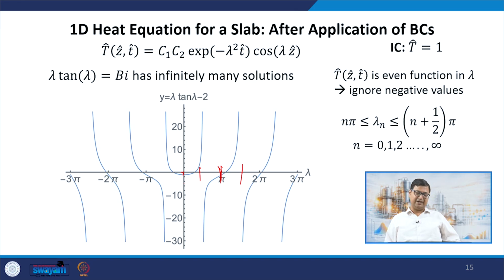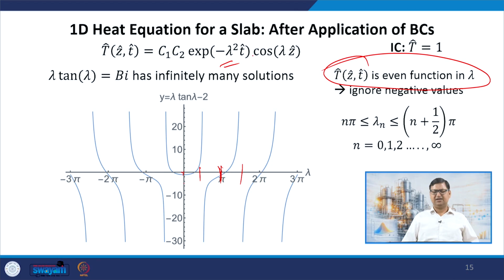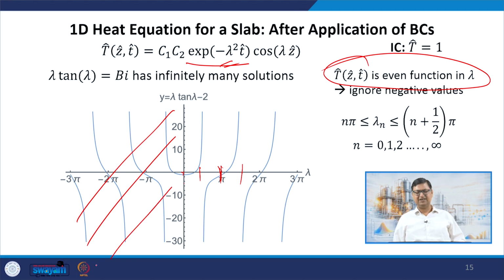And more importantly, we also see that my temperature is an even function in lambda, because if I put lambda equal to minus lambda here, I will get the same solution. Cos of minus x is cos of x, and the first term is unaffected. So I will ignore the solutions for the negative values of lambda, and I keep in mind that there are many solutions of lambda.